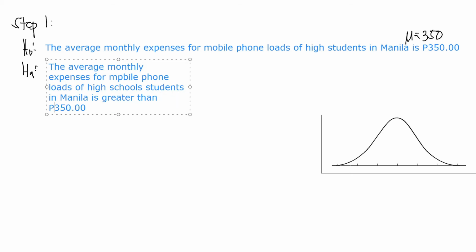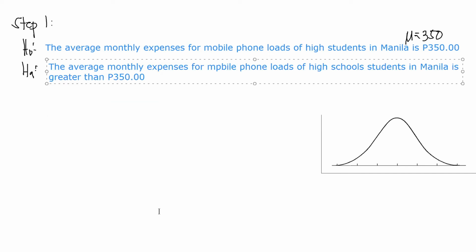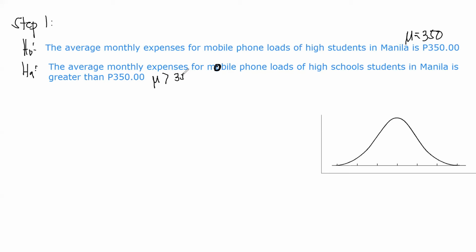Because on our second claim, it is stated that a statistics student believes that there would be an increase. So from 350, there would be an increase from that. So the average mobile phone loads would become more than 350. Sorry for the typographical error. So the symbol for this alternative hypothesis would become mu is greater than 350. Okay, so let's proceed to step 2.